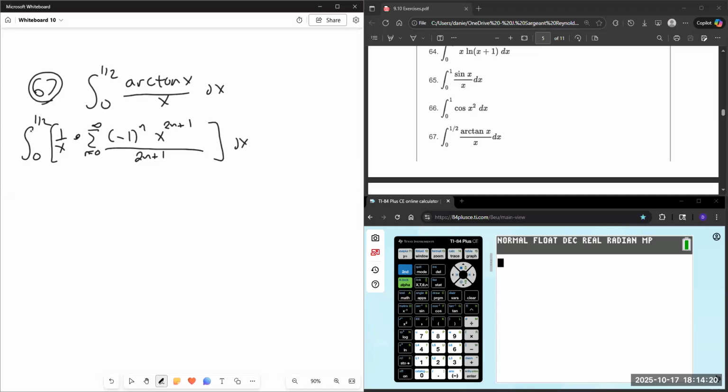So now I have an x to the -1st here that's going to come inside. So this is going to be summation n equals 0 to infinity of -1 to the n x to the 2n over 2n plus 1 dx.